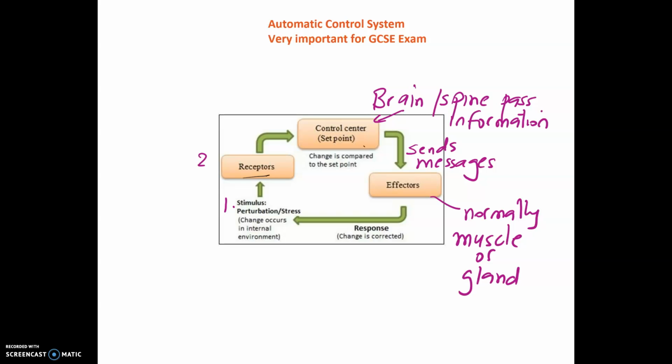The brain and the spinal cord pass information along the neurons in your body. The message then gets sent through the motor neuron to the effector. An effector is normally a gland or a muscle. In this case, it will be a hand, which will be moved away from the pin, and the response is where you move your hand.